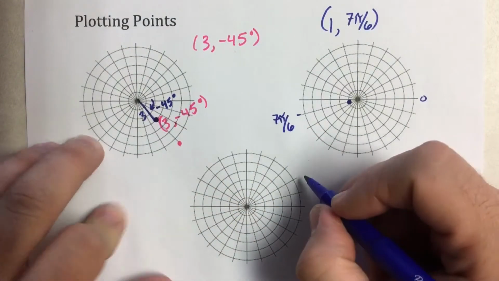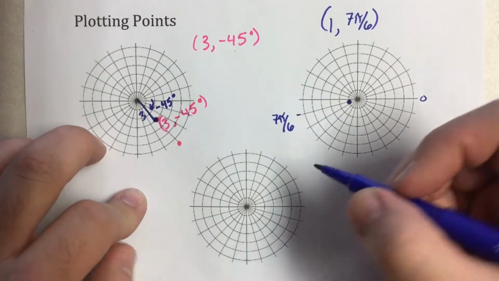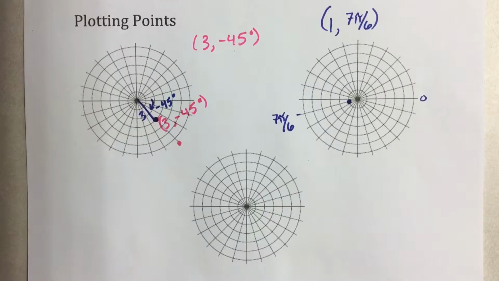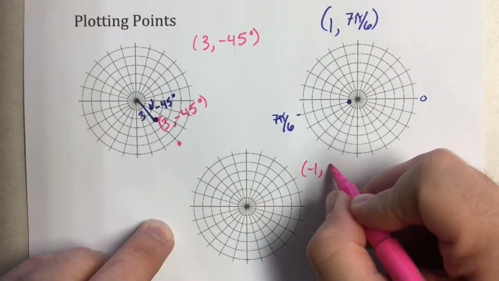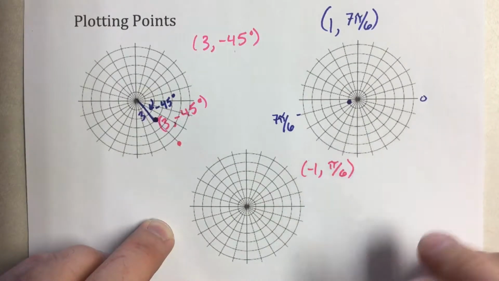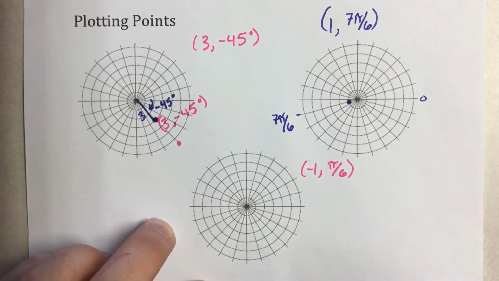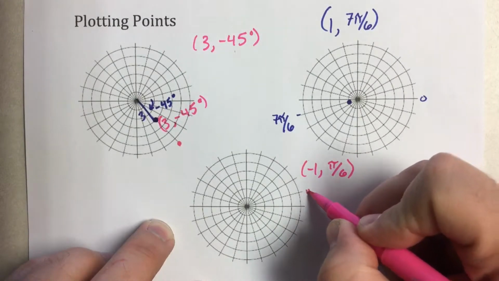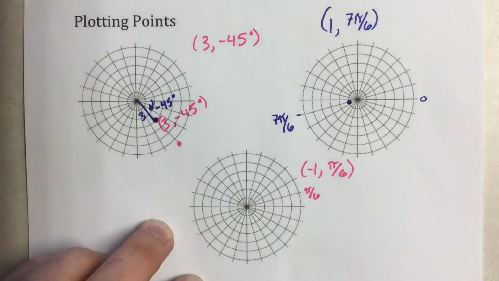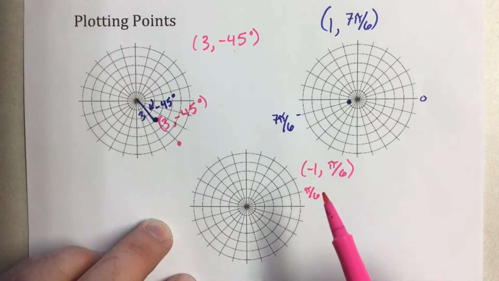So let's try the next. What if we have, say, (-1, π/6)? Take the approach of looking at the angle measure first. So the angle measure is π/6. That's in the first quadrant still. We are right here. So we're along this line.